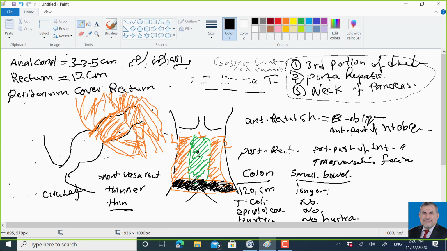For example, the distal third of rectum is retroperitoneal, and bladder is also retroperitoneal, and so on.